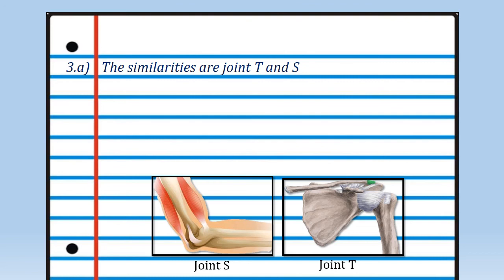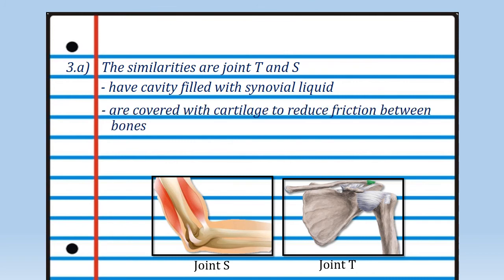We can write that both of the joints have cavity filled with synovial liquids, are covered with cartilage to reduce friction between bones, and are connected with ligament to allow movement.